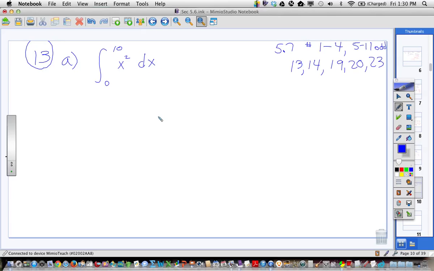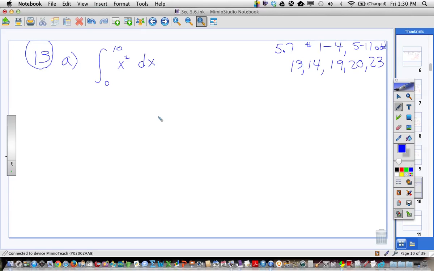Okay? Now, it's got a definite integral, and it wants us to write the sigma for 10 right rectangles. Then part B wants us to do 5 right rectangles. Then it wants us to do 20 rectangles, and then it wants us to do 50 rectangles.